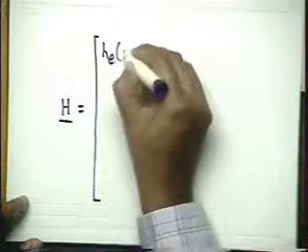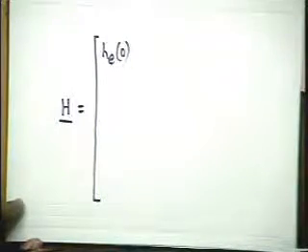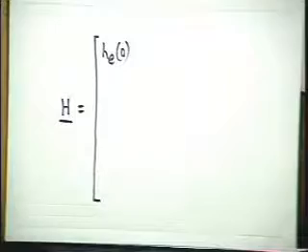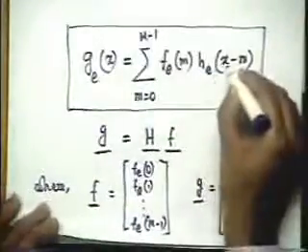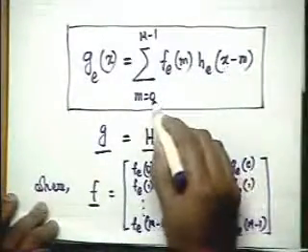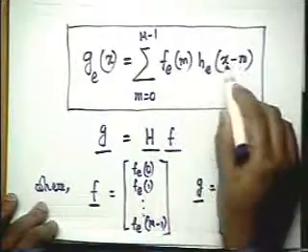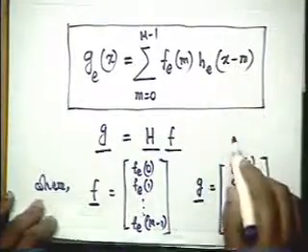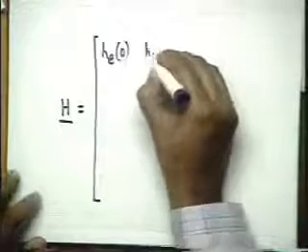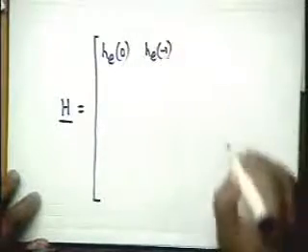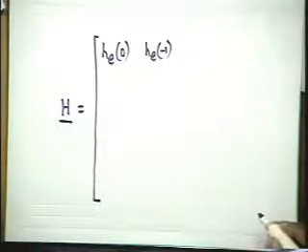First row, second element, HE minus 1, because x is equal to 0 and small m is 1, so HE minus 1 becomes the second element. 0 minus 1 means minus 1.